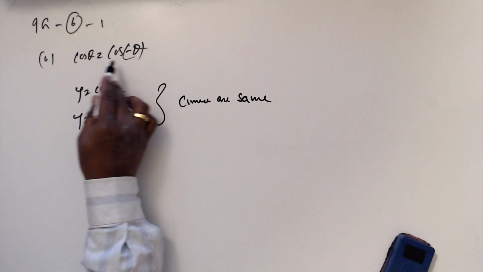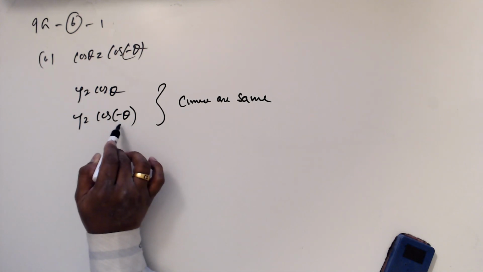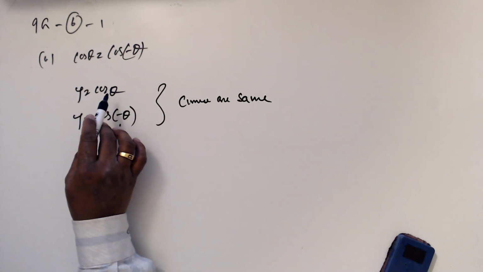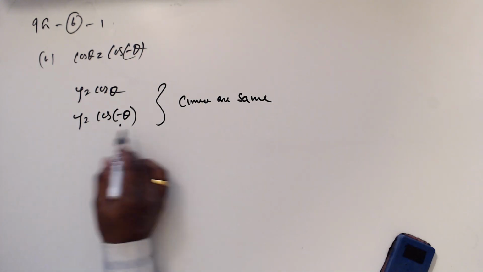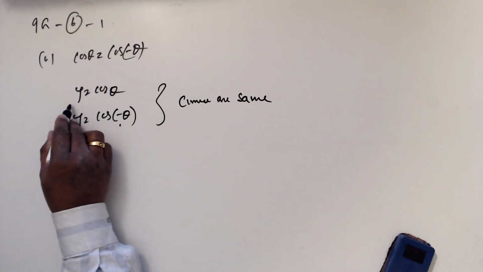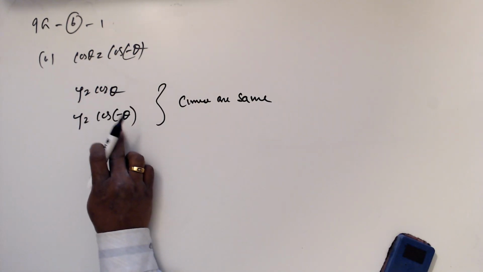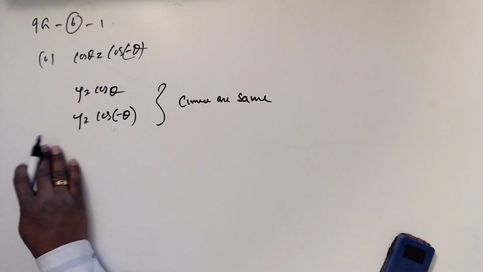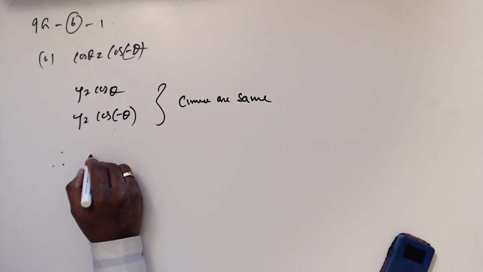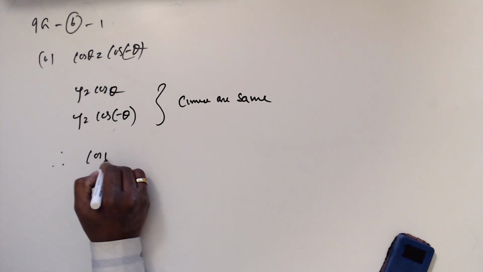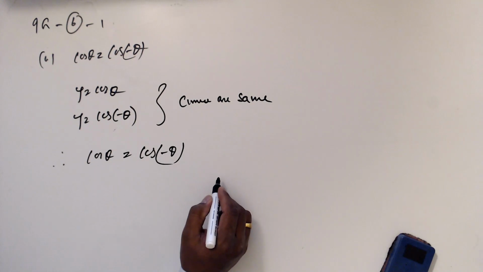And y equals cos of minus theta is a reflection of y equals cos theta. You can clearly see that both graphs are going to be the same graph. Hence your conclusion is cos theta equals cos of minus theta.